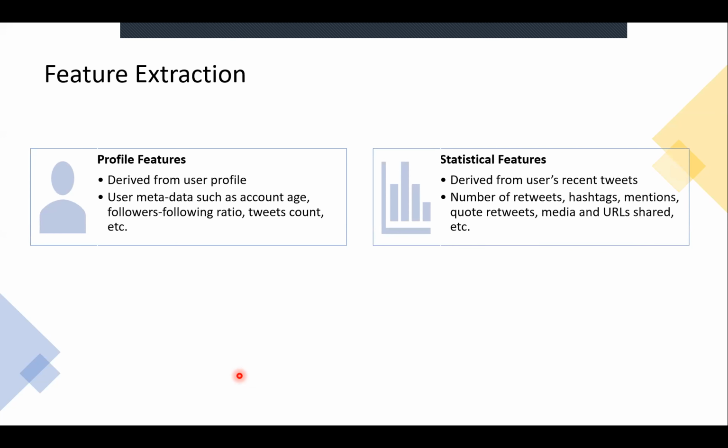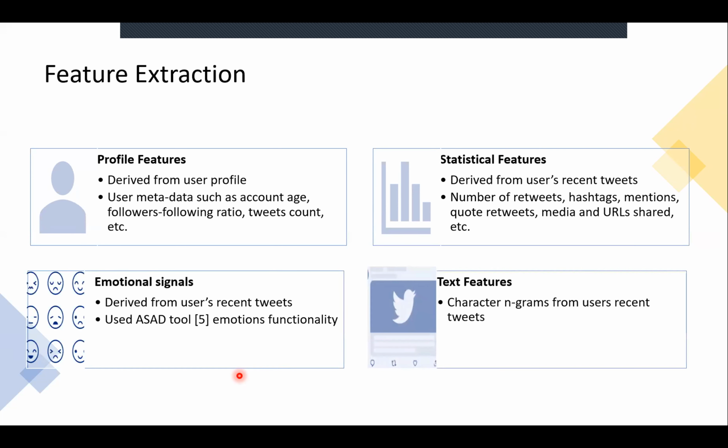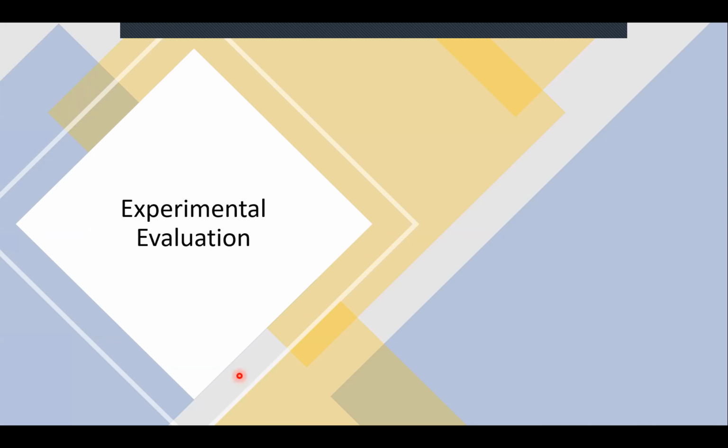In addition to that, we derived statistical features from the user timeline, and these features describe the user impact and their activity. We also derived emotional signals, and these features are derived from the user tweets. So we use the emotions functionality from the ASAT tool to derive the emotional signals. Finally, we also use textual features, and these are character n-grams that were derived from the user's recent tweets.